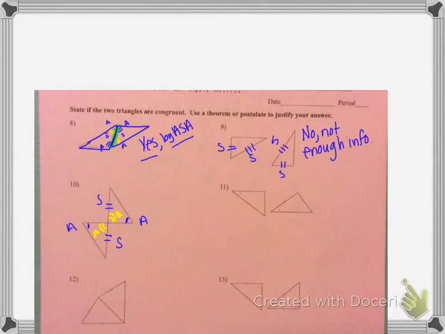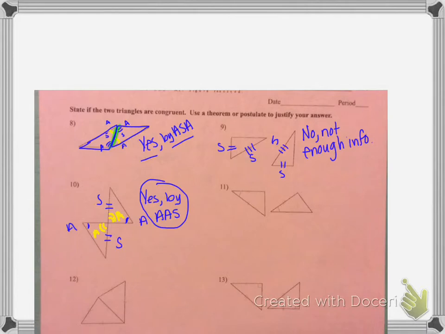So I have an additional angle that I can use here. Now when I'm looking at this, I notice that I have, in order, angle, angle, side. Same thing in the other triangle, angle, angle, side. So I'm going to say for this one, my answer is yes, by angle, angle, side.